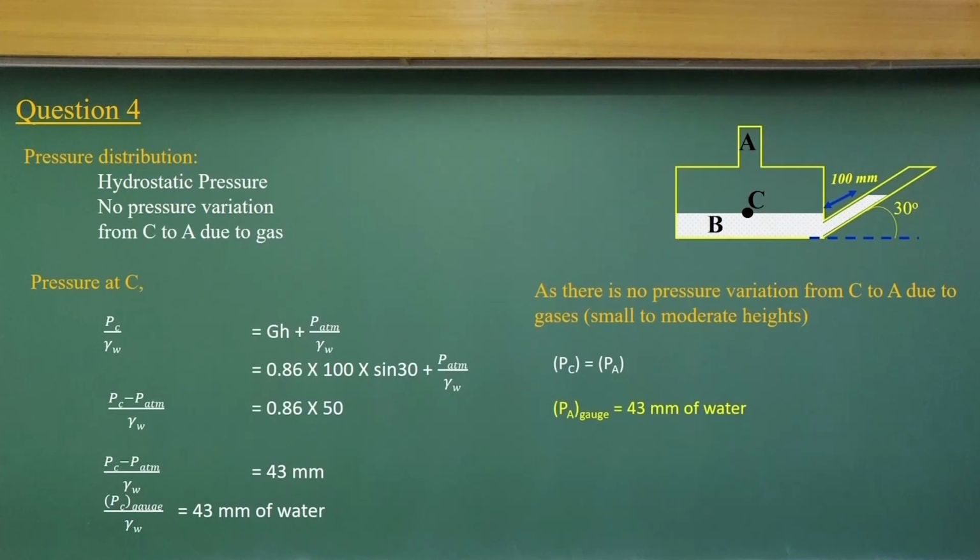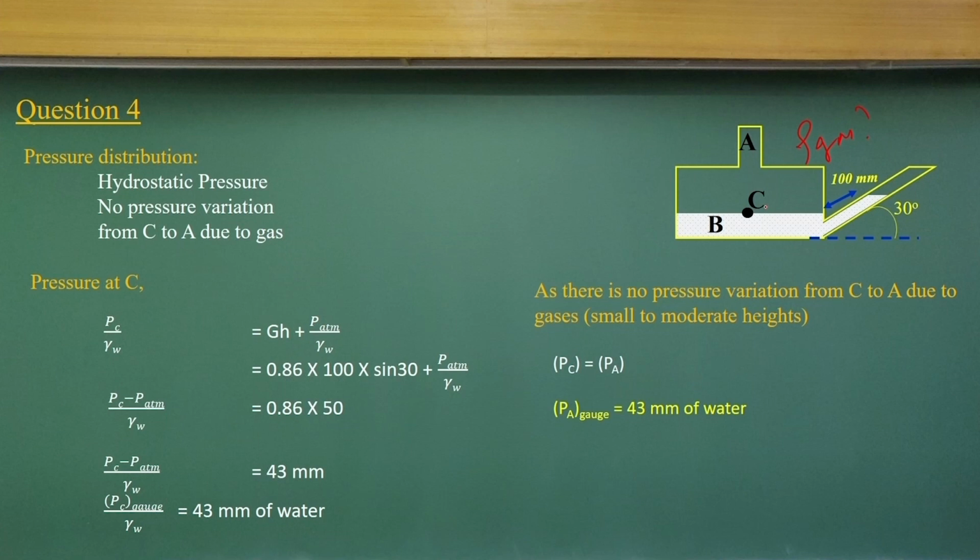Now, what I am doing is equating these pressures to compute the pressure acting here. If you look, there is no pressure variation between C and A. This is the gas part, and since the density of gas is very small, let us assume there is no significant variation of pressure between the P and C levels.